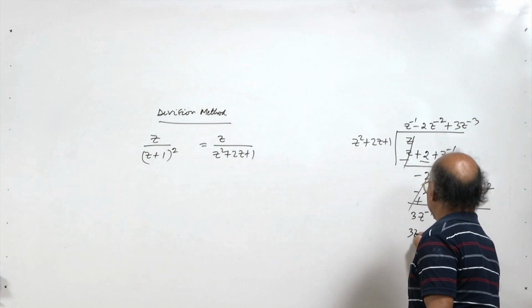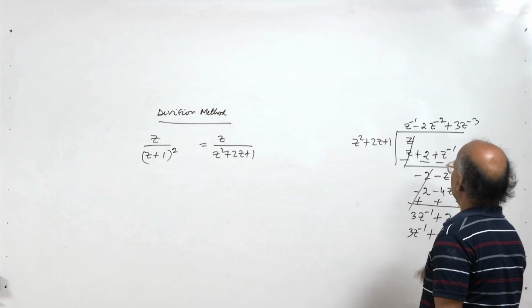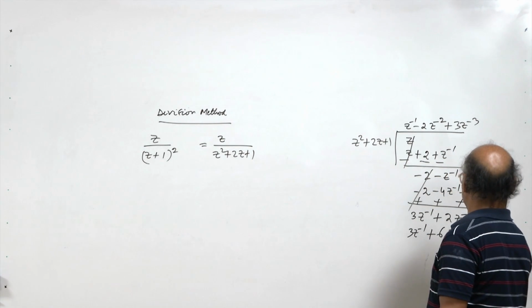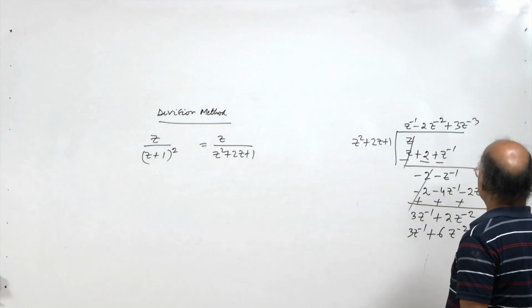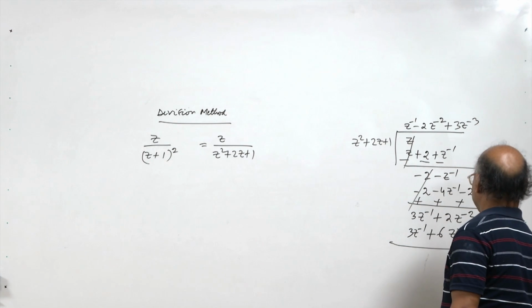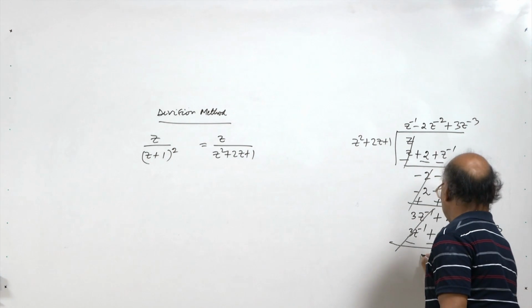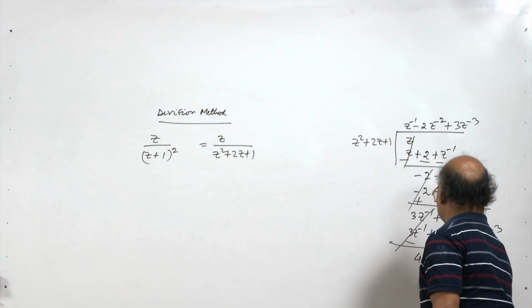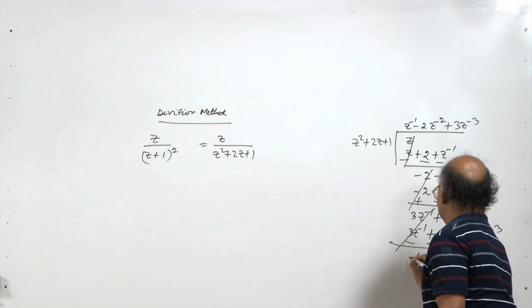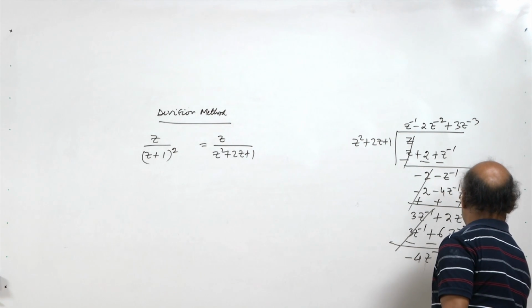So, 3 times z to the power minus 1, and then we get 6 times z to the power minus 2, and we will get 3 times z to the power minus 3. So, like this we continue. So, we will get here 4 times z to the power minus 2 with a negative sign, minus 3 times z to the power minus 3.